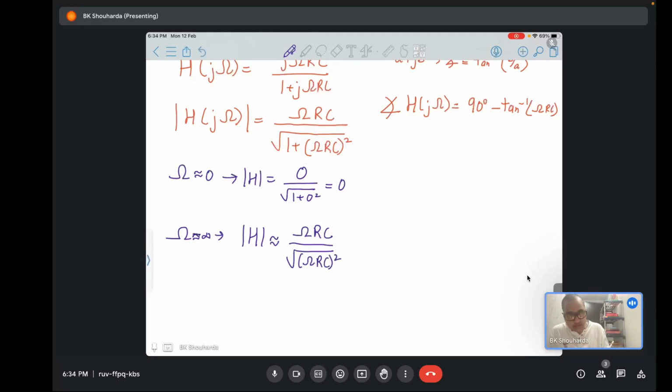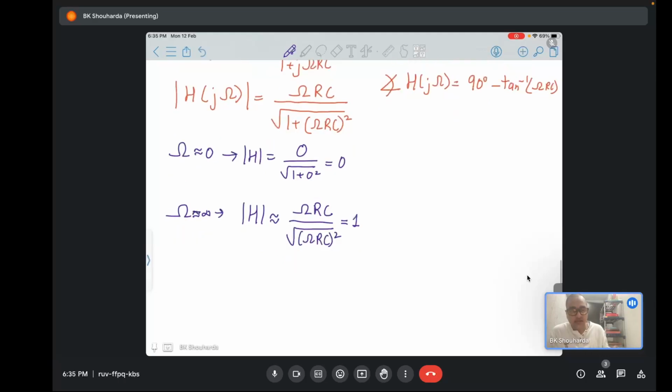The numerator and denominator are then the same, so that's equal to 1. That's actually the maximum value that H of j omega can take. So it's a filter that resists low frequency signals, but allows high frequency signals to pass through it.